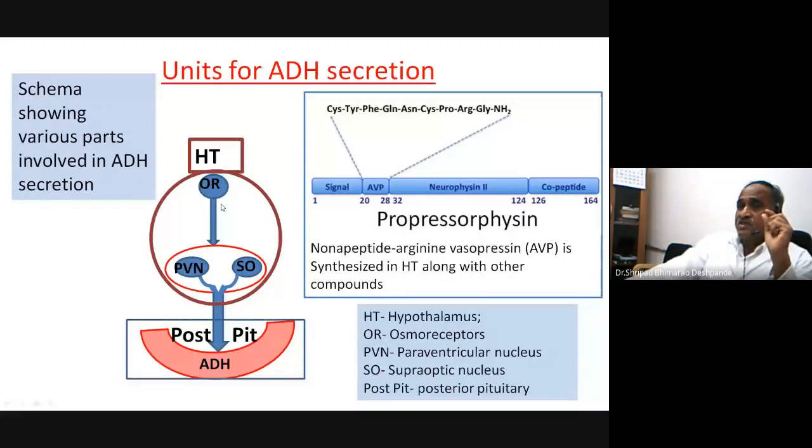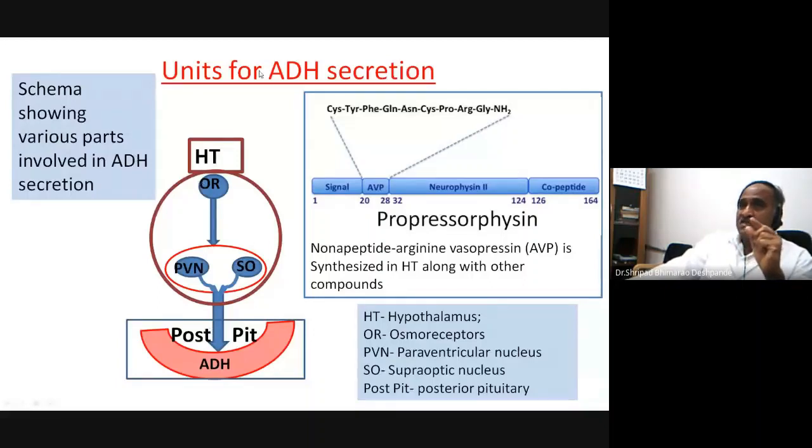When the osmolality increases, that activates these nuclei and makes them release the antidiuretic hormone. The osmolality has increased, so the order to the kidney is not to excrete water, you retain water so that the osmolality can be balanced. That is the message.